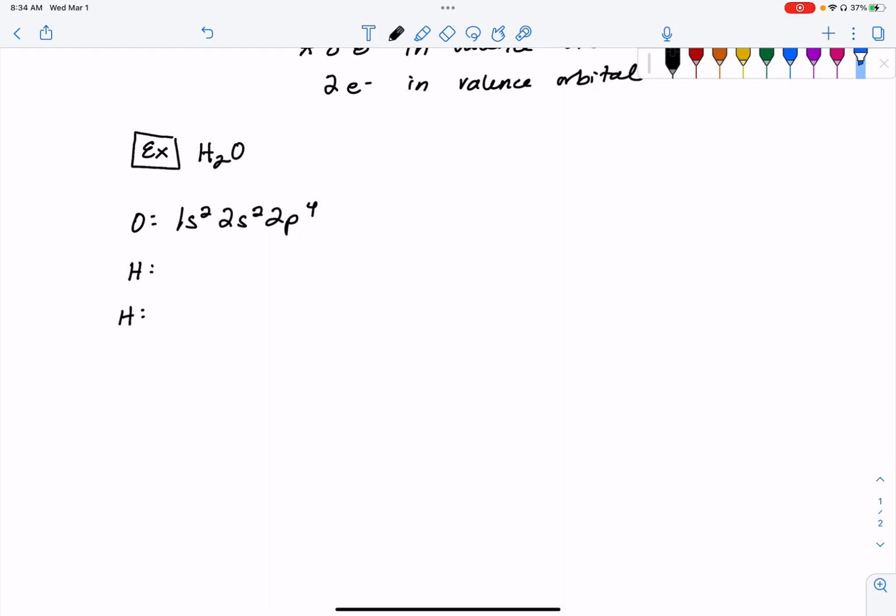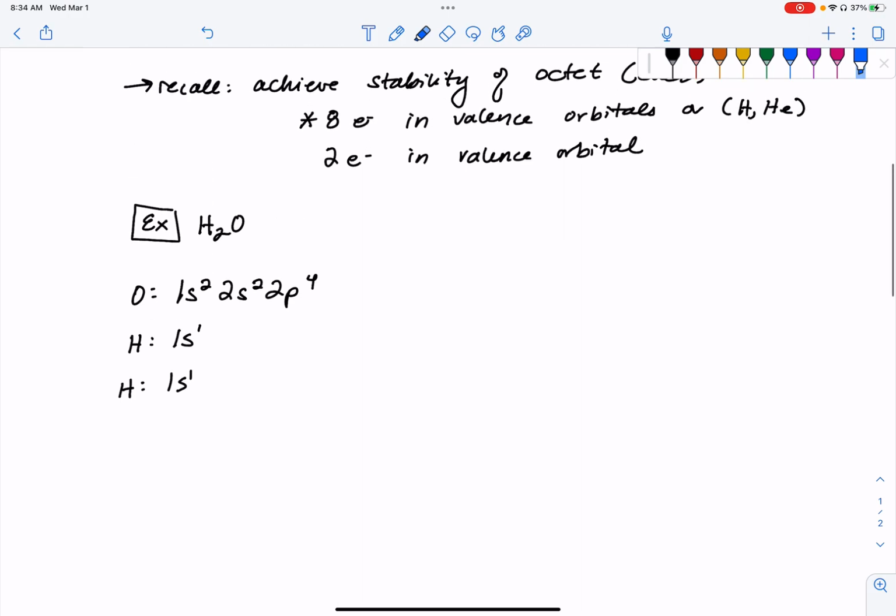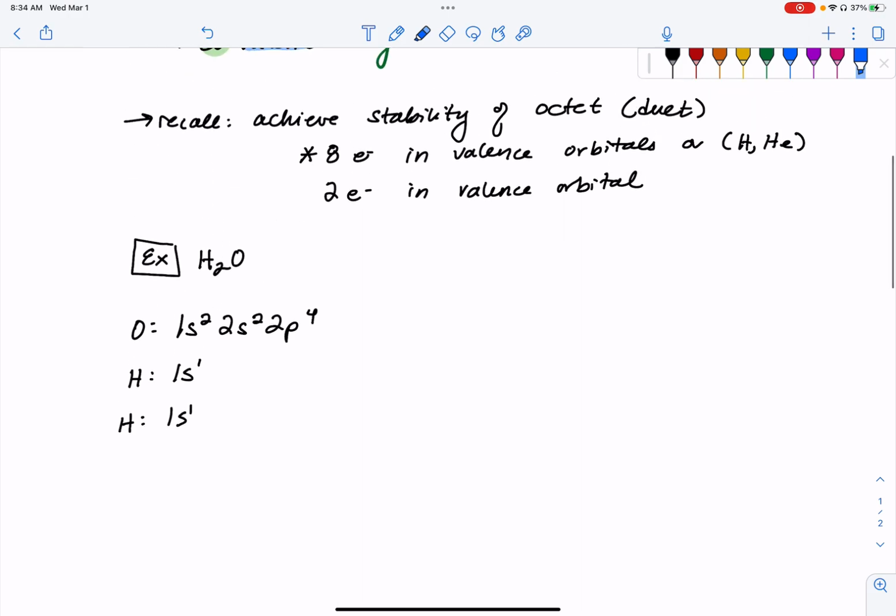And then each hydrogen atom is, of course, 1s1. And if I were to identify the valence electrons in each of these atoms, it would be the highest or last filled orbitals. So in the case of our p block, that is our last filled s and our last filled p. In the case of our s block, it is the last filled s.